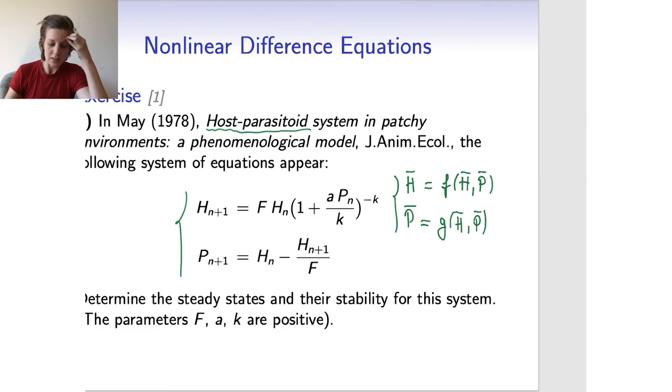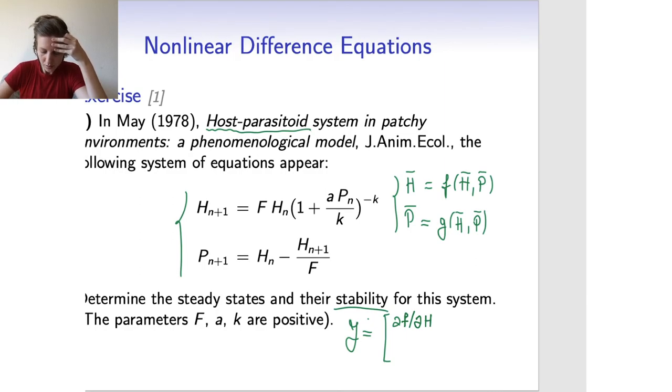and then you analyze the stability. You need to calculate the Jacobian matrix, which will be del F del H and del G del P, and let me see if that's the... no, it's incorrect, the Jacobian here.